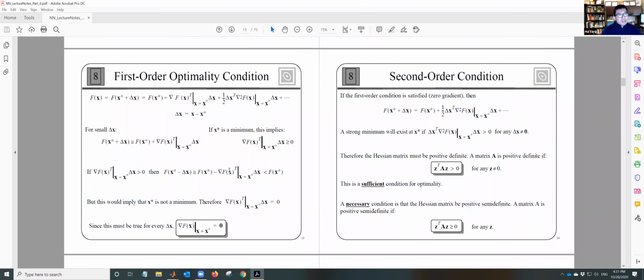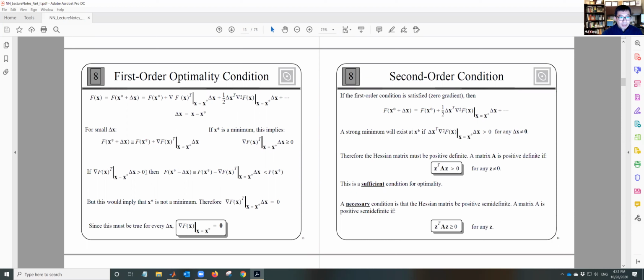So what is the first order optimality condition? You see here, when we do the Taylor series expansion, we have the first order, second order term. Now, if you have delta x here, for small delta x, if x star is a minimum, then this term should be greater than or equal to 0.